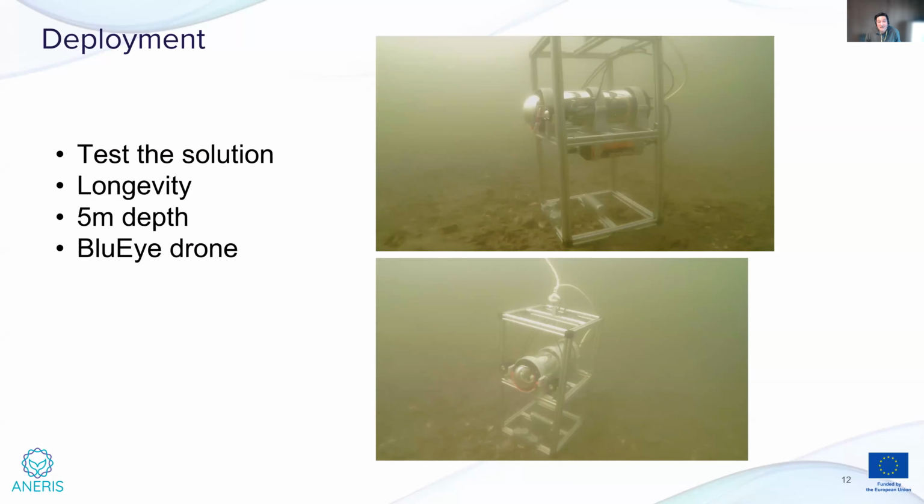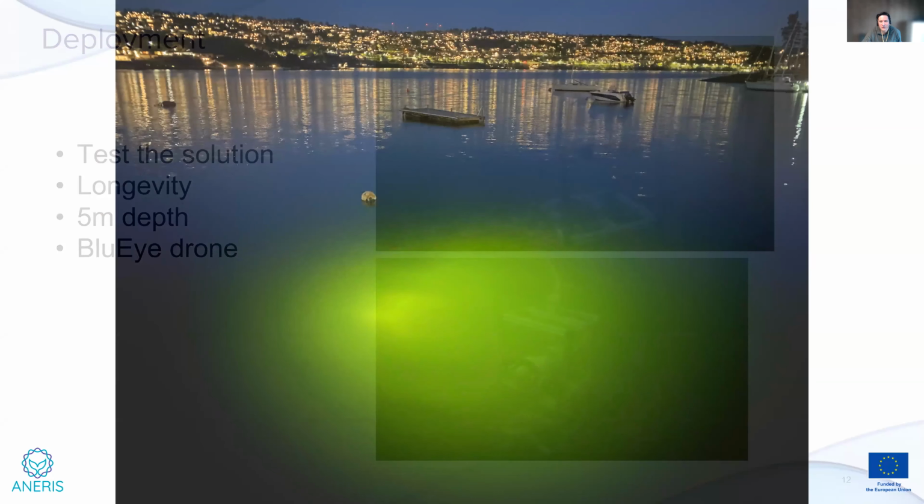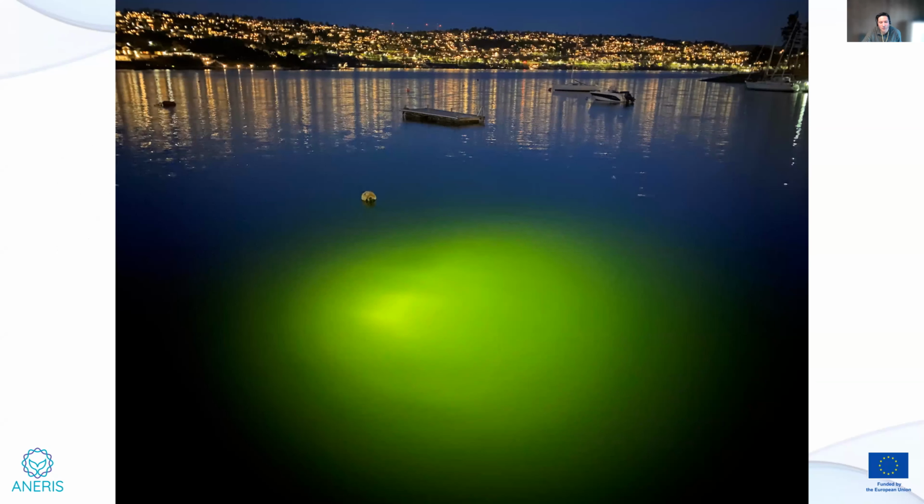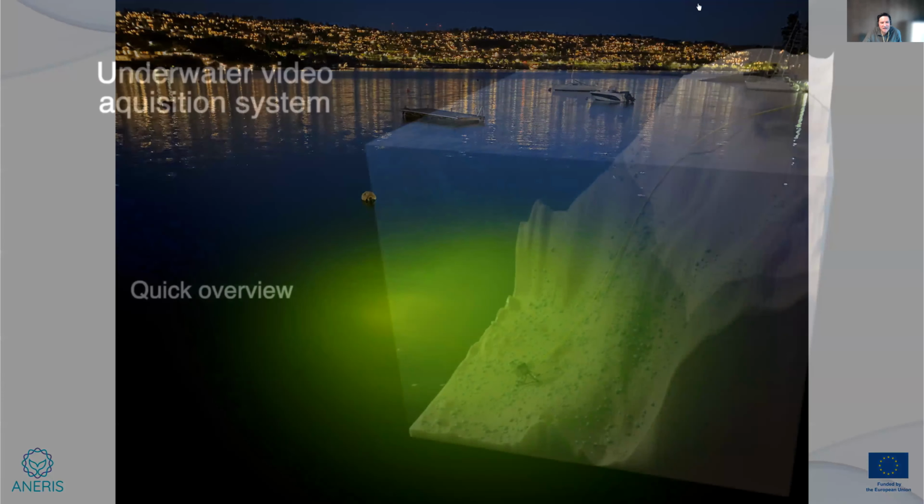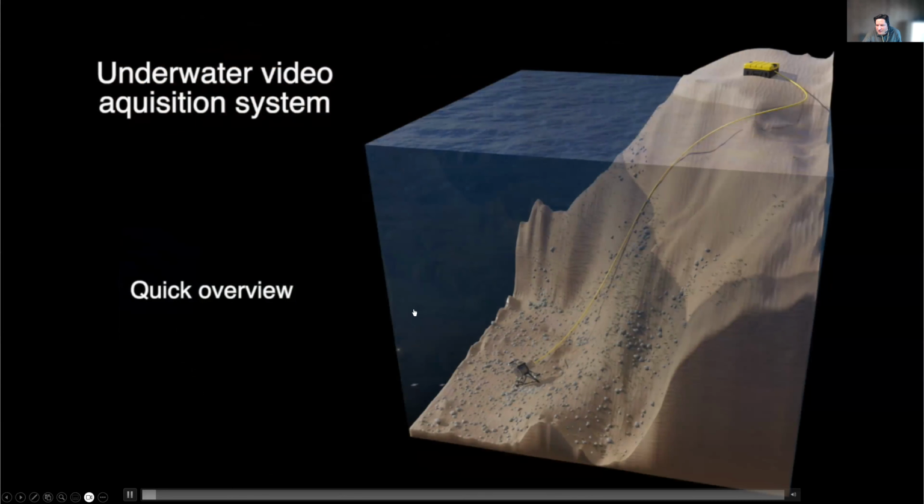We have done some basic deployments in Oslo Fjord to test the concept. We have a lot to improve in the technology during the ANERIS project. We are just barely in the first phases of the project. You can see some pictures of the deployment while the lights are on at night in Oslo Fjord. And I wanted to show you a short video of this prototype camera.